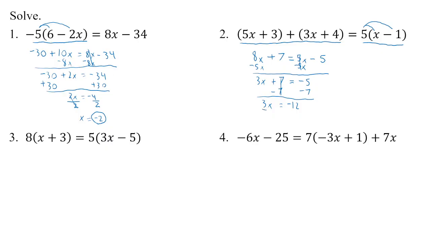Then we divide this side by 3, and we divide this side by 3. Therefore, we have x equal negative 12 divided by 3, which is negative 4.